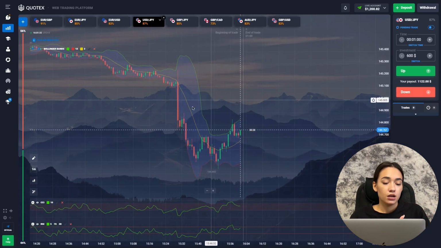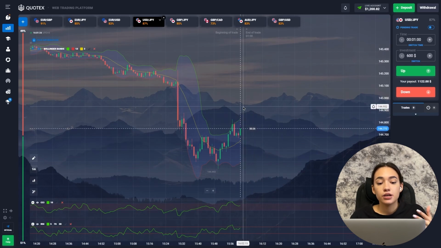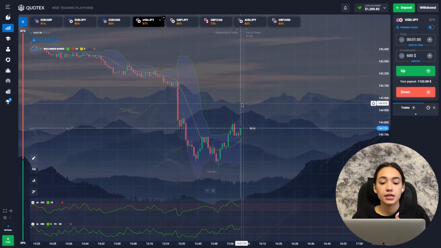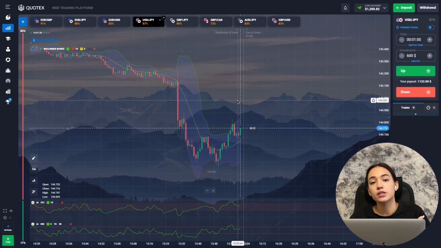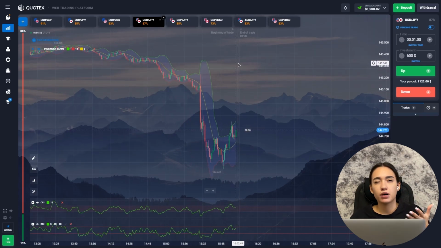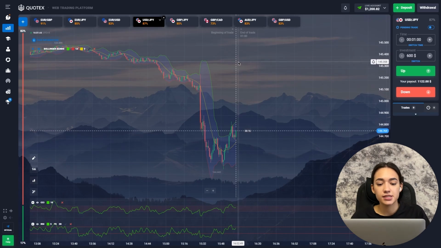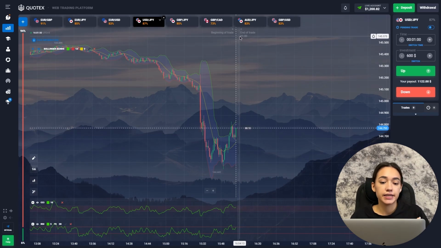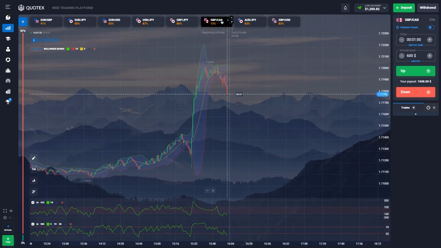So this strategy has a universal character, and it easily copes with all the dynamics of the movement. So let's continue, open about 4 more deals to consolidate the result, and select the next currency pair.